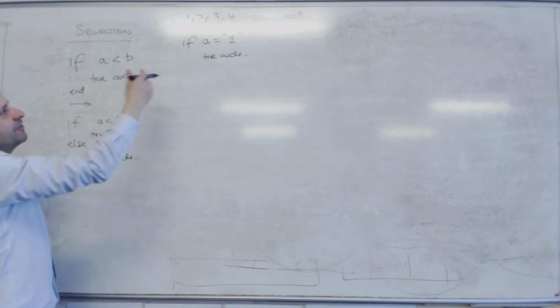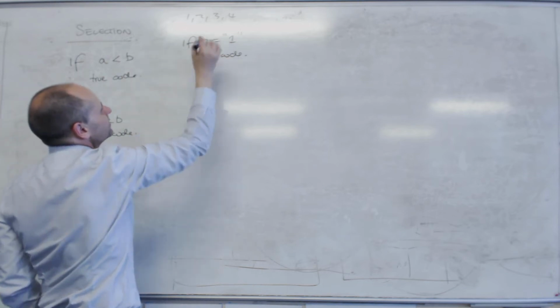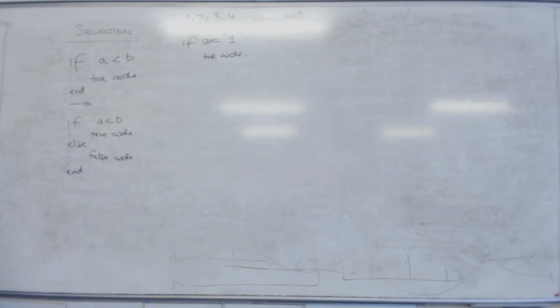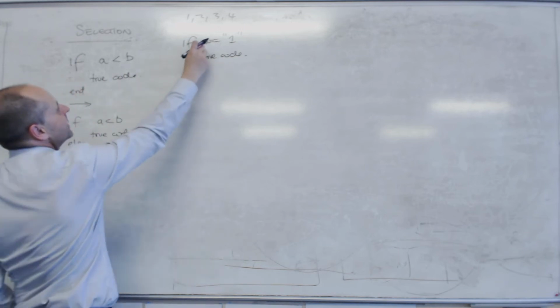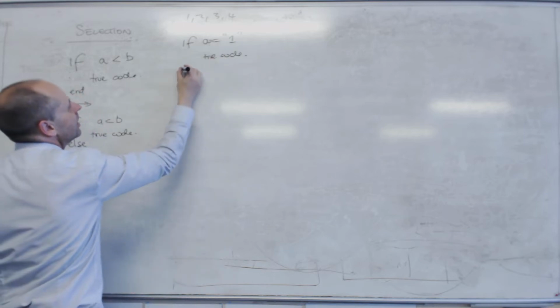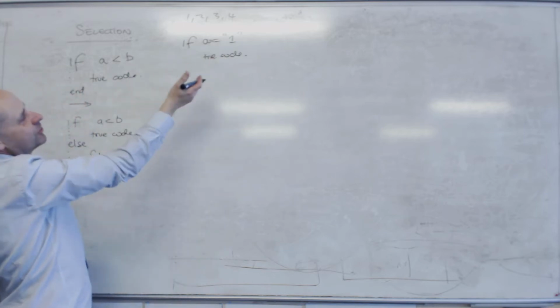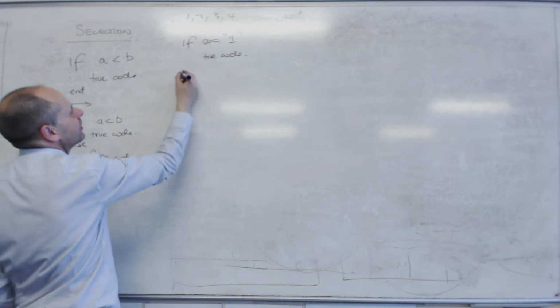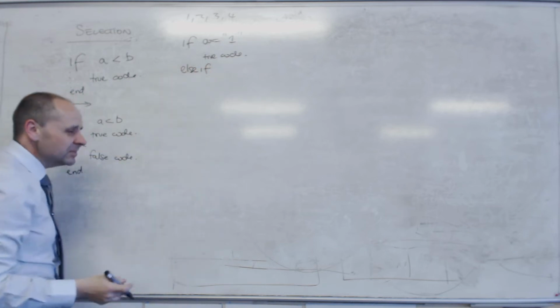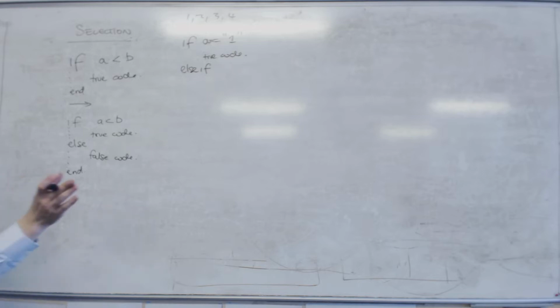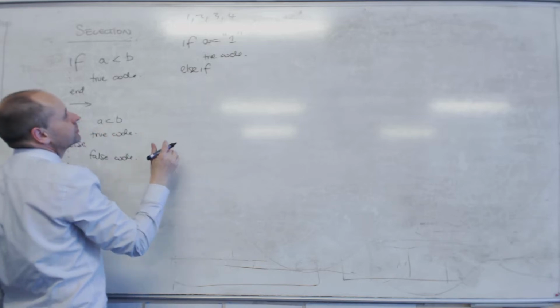I could do if it's equal to 1, and we tend to put double equals, but it doesn't matter so much in pseudocode. We put double equals to say, is that the same as? And then we say, well, we've handled the 1, what about the 2, 3 or 4? I still don't know. So I can say else if. How this appears in different languages doesn't matter. We're just showing the logical structure.